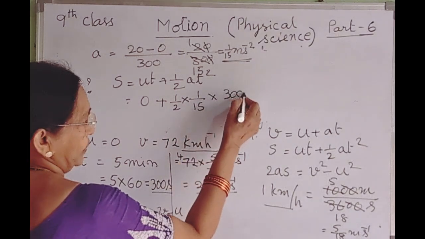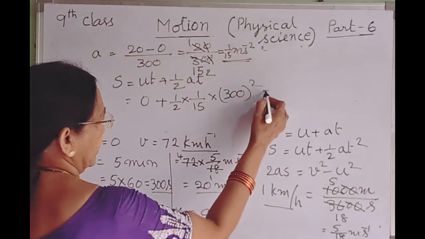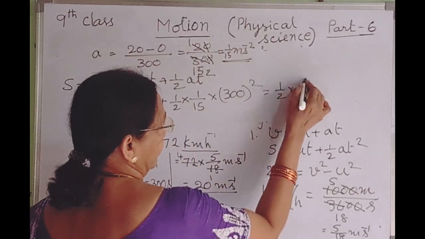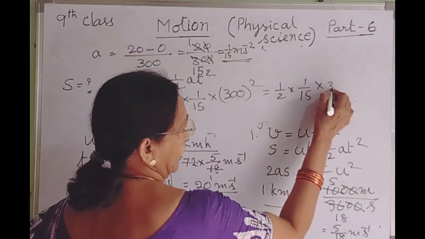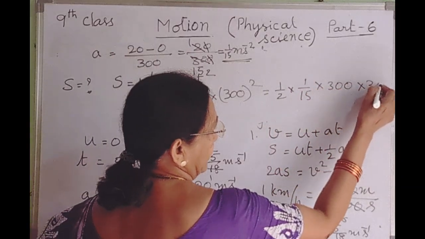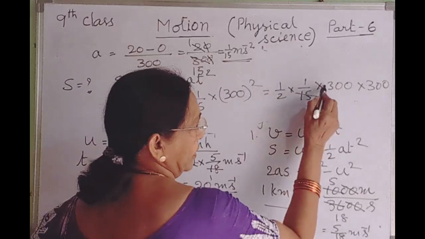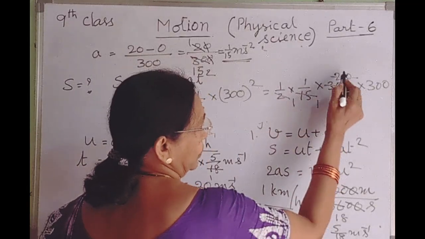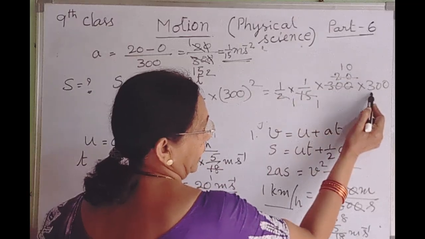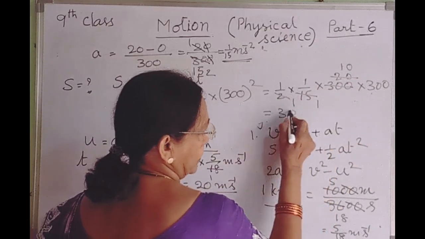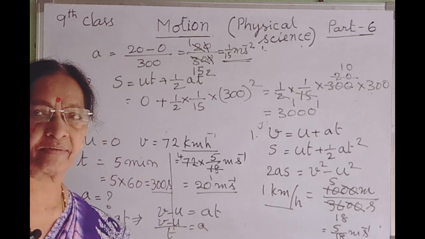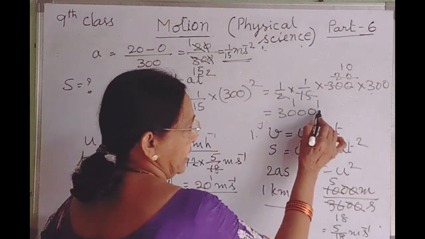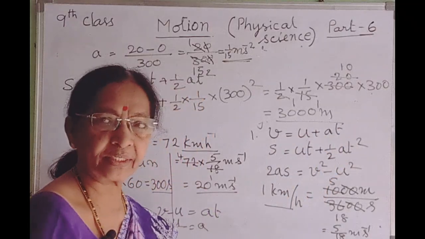That is half into 1 by 15 into 300 square. 15 ones are 15, 15 twenties are 300, so we get 300 into 10, which is 3000. The unit for distance travelled in the SI system is meters. Therefore, the distance travelled by the train in 5 minutes is equal to 3000 meters.